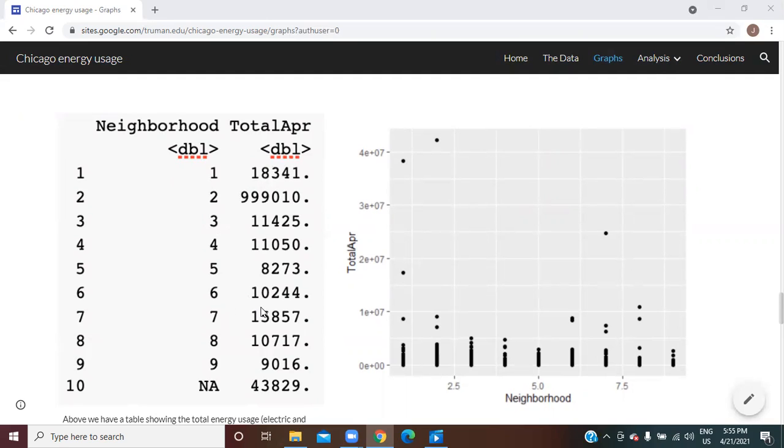So as we can see in April, if we take a look at neighborhood number 2, which is the central neighborhood, the downtown Chicago, where all the commerce occurs, we can see that it's much higher than any other neighborhood. And actually, this number is about all the other neighborhoods added up.